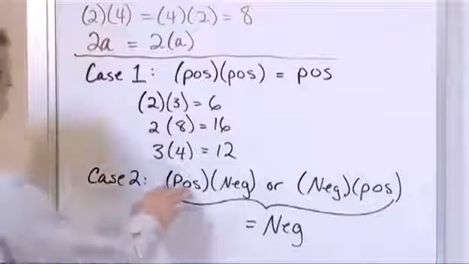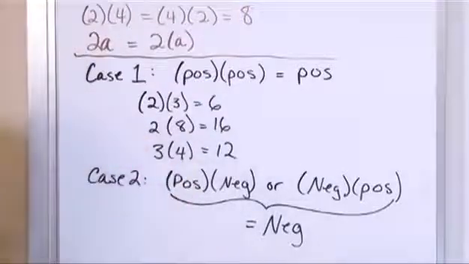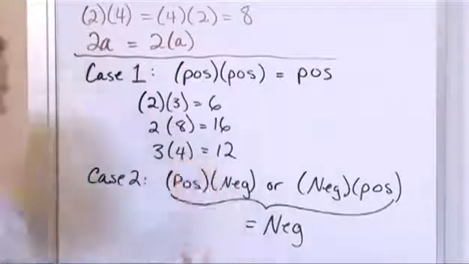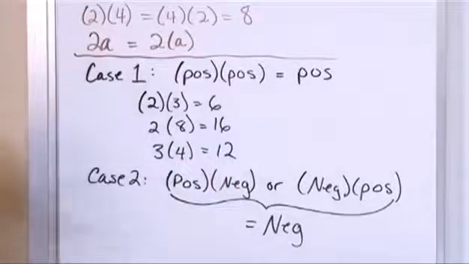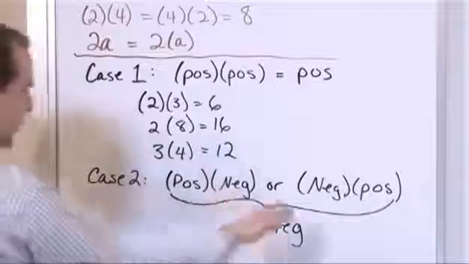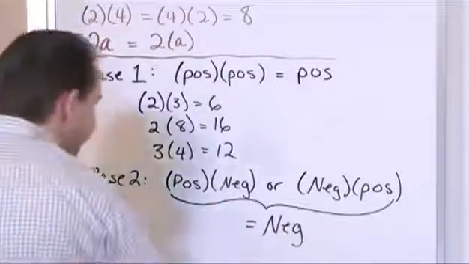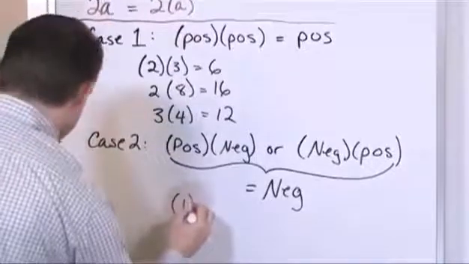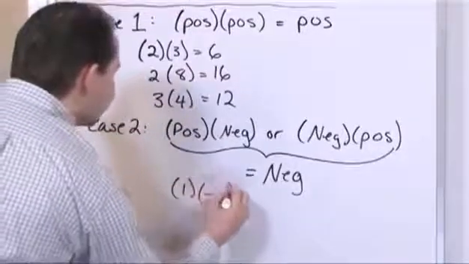You don't have to worry about the size of this number. You don't have to worry about the size of this number. You don't have to think about which one's bigger or smaller. So it's easier than addition and subtraction. You really just look at the signs. If they're different, you put a negative out there. So as an example, let's say you had 1 times negative 2.